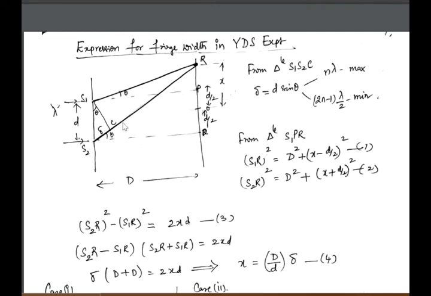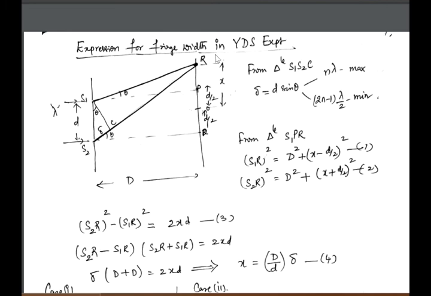Let theta be the angle of interference or angle of observation at point R. Now draw S1C perpendicular to S2R.